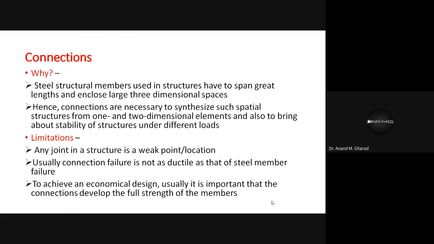It may form that the steel structural members used in structures have to span great lengths and enclose large three-dimensional spaces. So if you remember, we had discussed the common thing which was observed in the pictures which I had shown to you, wherein one of the students rightly told me that steel structures are provided at the place where the area requirement is more, isn't it?